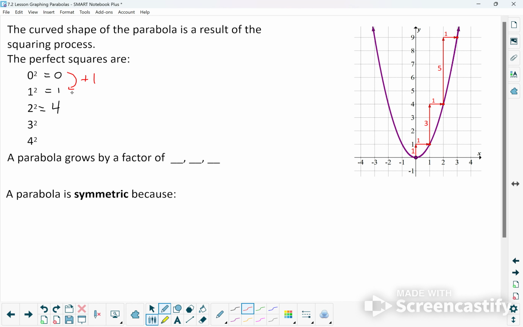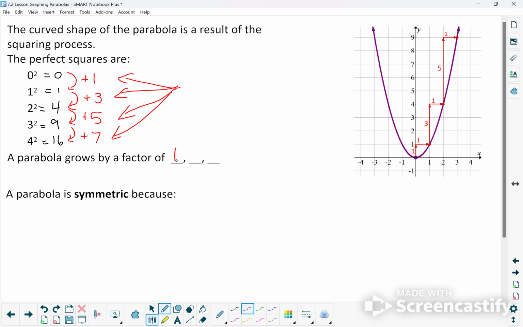So after we've gone up 1, our next change is that we go up 3. Then 3 squared is 9. So our next change from 4 to 9 is that we've gone up 5. And the next perfect square is 4 squared, which is 16, so then we've gone up 7. So a parabola is growing according to these numbers, 1, 3, 5, 7, if we had room on our graph.